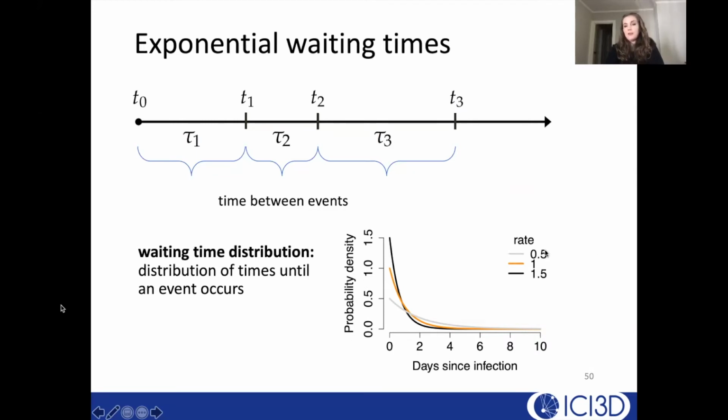So for example, gray, rate 0.5, you have a smaller area than a rate of 1.5 in black. So the probability that the days since infection until the next event, in this case recovery, is a lot higher for a rate of 1.5 than it is for 0.5.